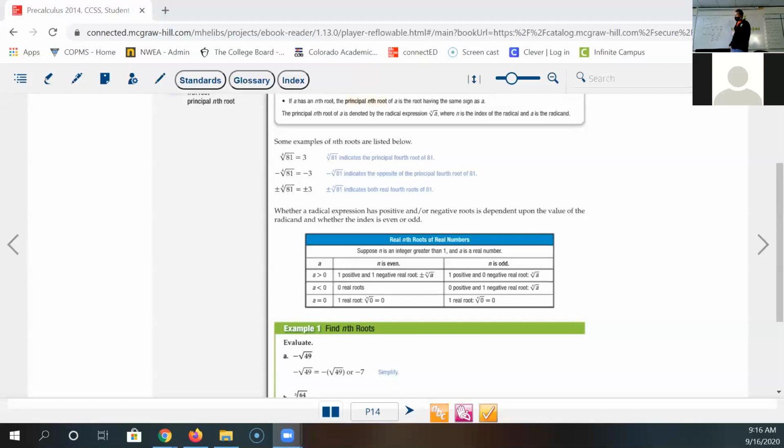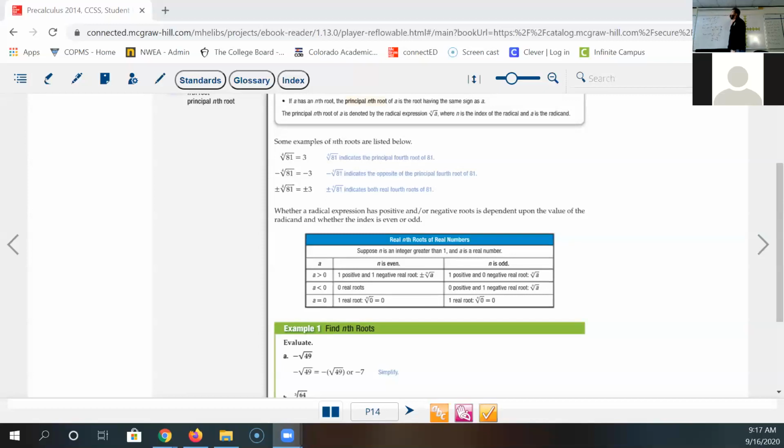If we're multiplying a negative number against itself an even amount of times, we're going to get a positive answer. And if we're multiplying a positive number against itself any amount of times, we're going to get a positive, because a positive times a positive is always positive. A negative times a negative is always positive. And a positive times a negative is always negative.